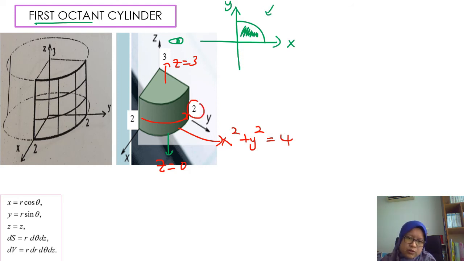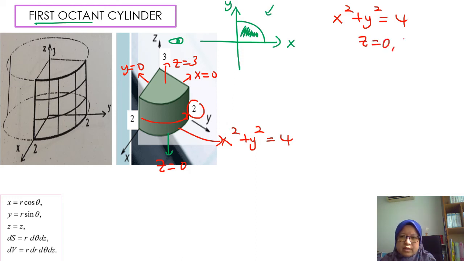Okay. And then you have another plane here, x equal to 0, and also a plane here, y equal to 0. So that means you should have x squared plus y squared equal to 4, and then you should have z equal to 0, the bottom of the cylinder, and z equal to 3, the top of the cylinder.